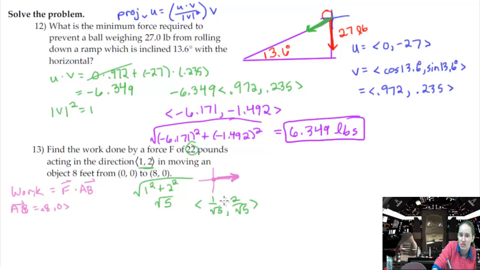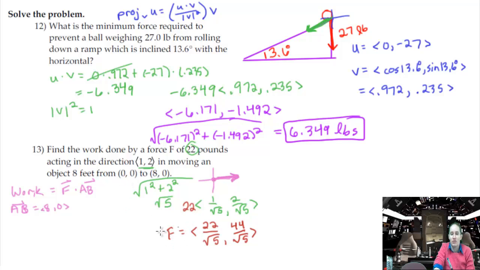That's the unit vector in the direction that we want, but we need to multiply that by 22 because that's the magnitude of F. So 22 gets distributed in. That gives us 22 over square root of 5, comma 44 over square root of 5. And that's what F is.